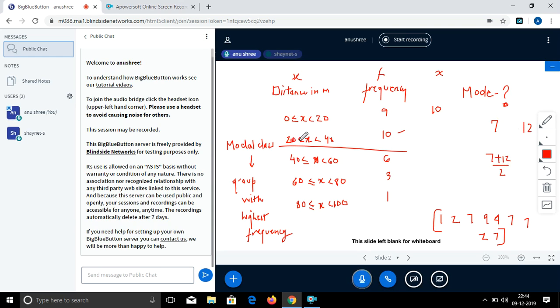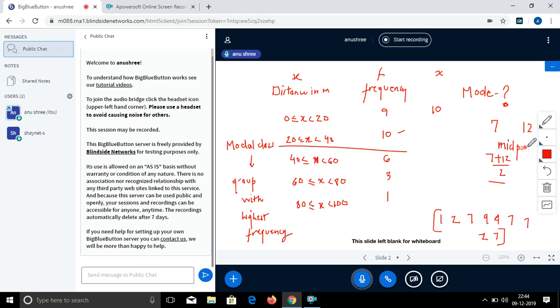Now you calculate the midpoint of 20 and 40. Just note down what I'm writing. It's better to make notes, so keep writing whatever I'm writing here.